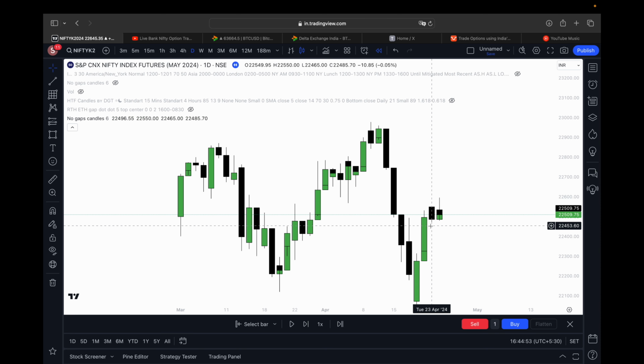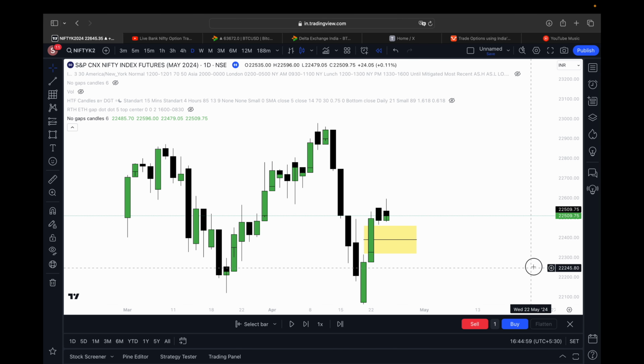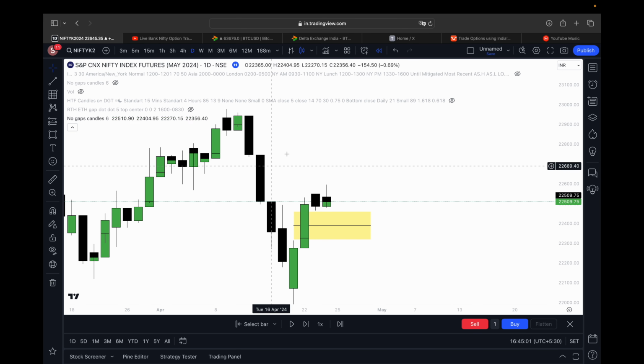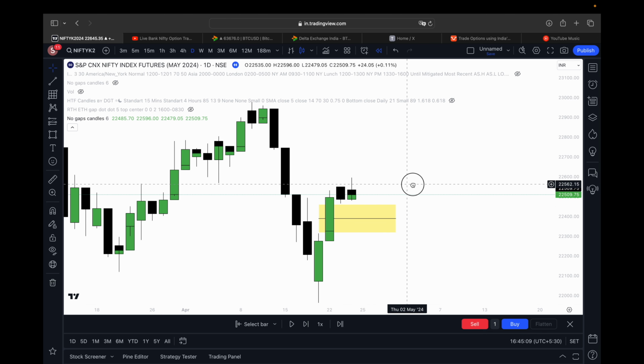So this is a fair value gap. Whenever price comes into this area, we consider it a buy. This is how a fair value gap works. It should lead to a continuation of the trade.